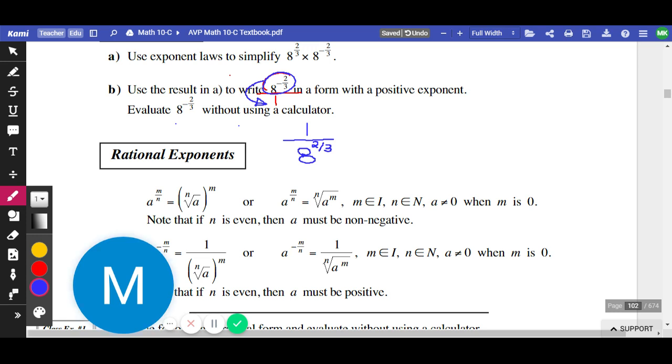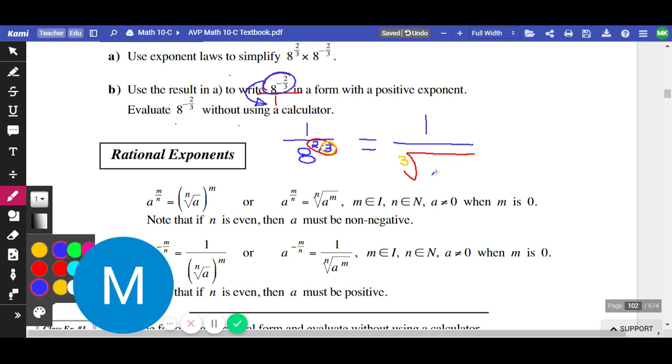Wonderful. Now we have to convert this thing from fraction exponent to radical. To do that, the top would still be 1. On the bottom, it becomes a radical sign, so it looks like this. The bottom number of the fraction in the exponent becomes the index, so we have a 3 right there now, like this.